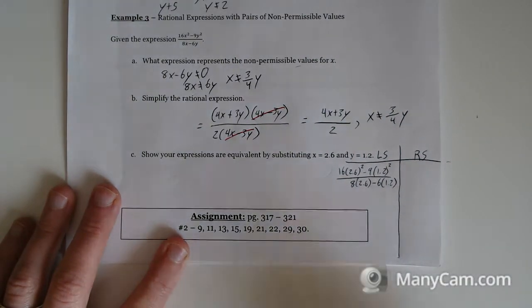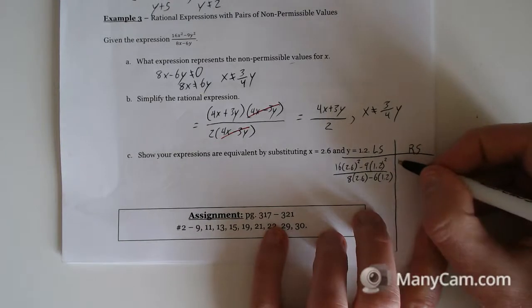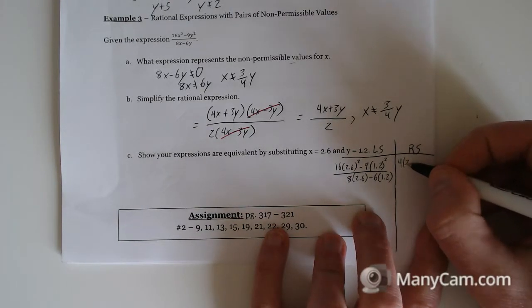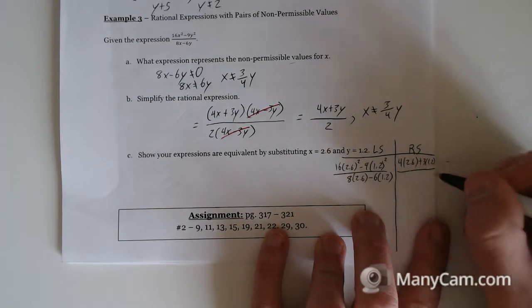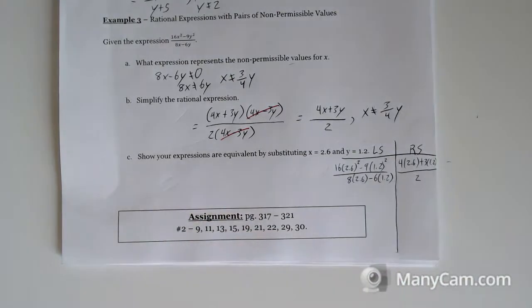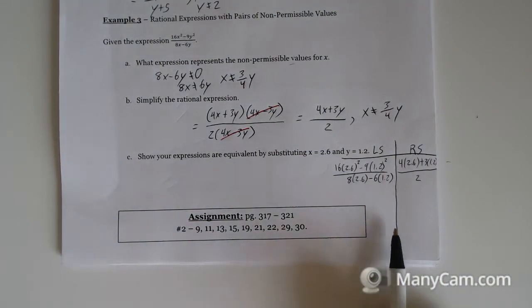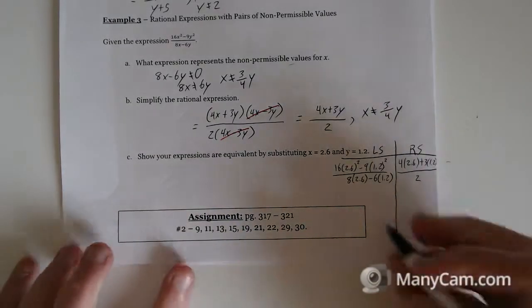So we sub it in on the left and we sub it in on the right. So what is 4 times 2.6 plus 3 times 1.2 all over 2. So no moving things across this middle line. It's a hard barrier. Just simplify, solve the left and solve the right.